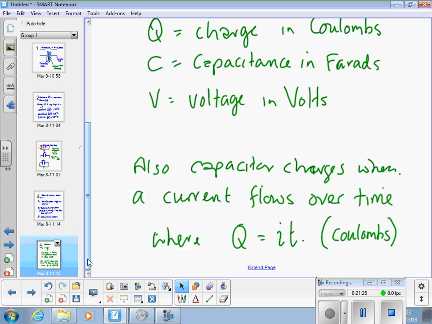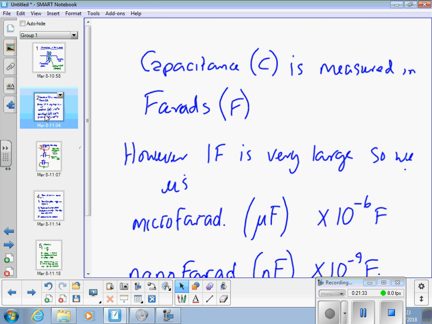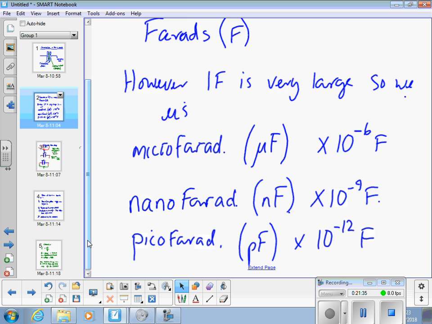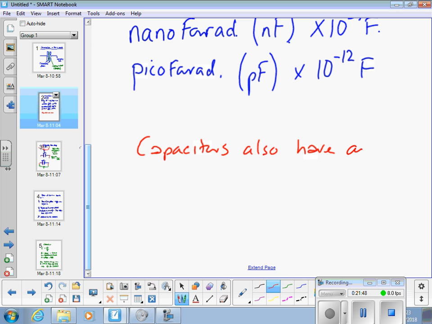The limit to this is, and the other thing I ought to put on this page about capacitors and their units, capacitors also have another part of the specification.